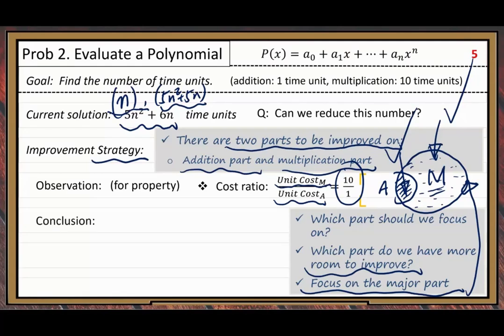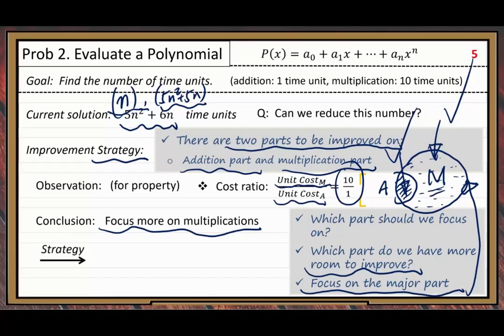The conclusion: focus more on multiplications. We should put most of our effort on improving this multiplication part.